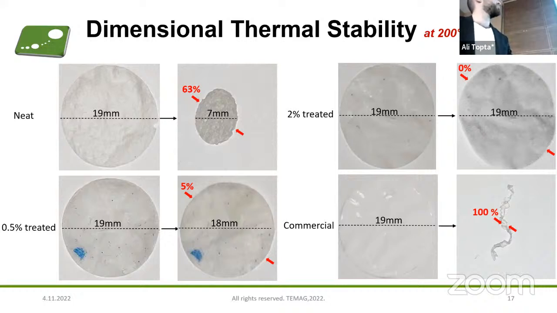But for 0.5 and 2% sodium alginate, we obtained less than 5%, which is within ideal separator specifications. In comparison to the commercial polypropylene-based one, of course, it was completely demolished.